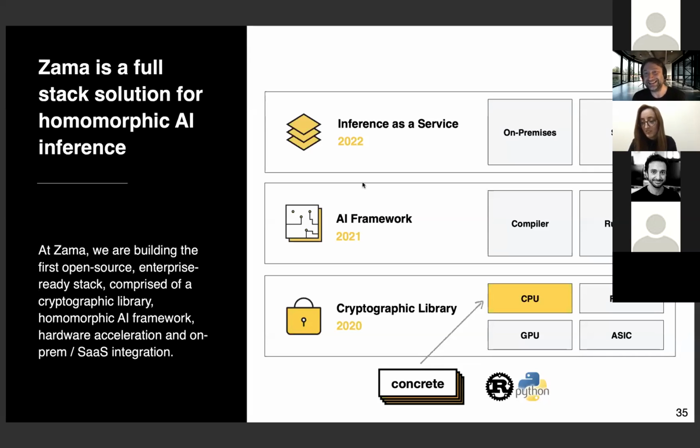I just wanted some more information about what the compiler is going to be. Do you have any hints on what kind of language you'll write it in, how that will work? Yes, of course. We've been working on it for a few months now. It's written in Python. It's meant to be open source.